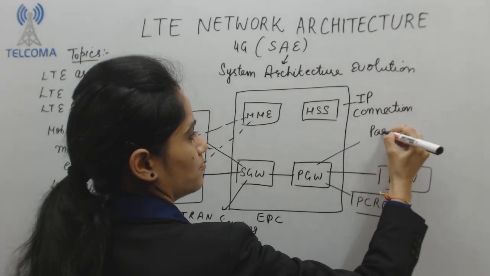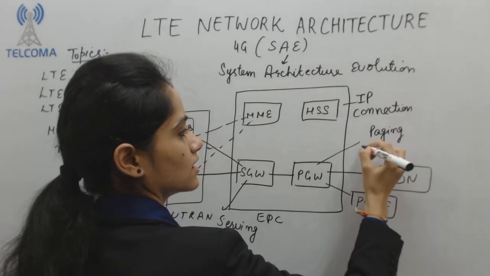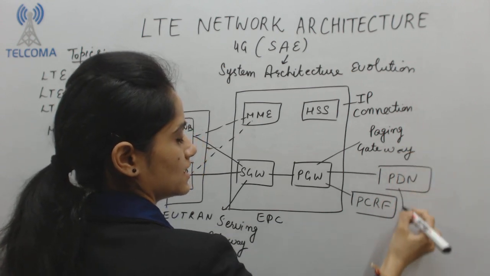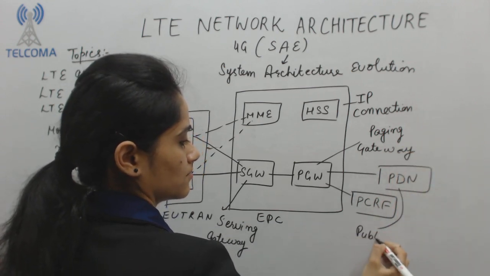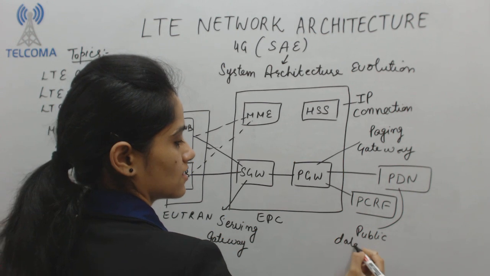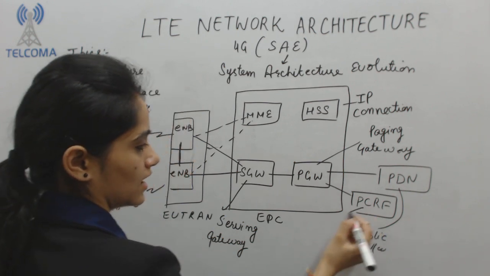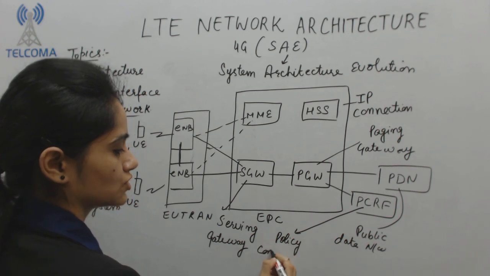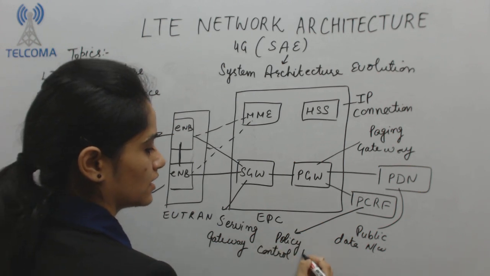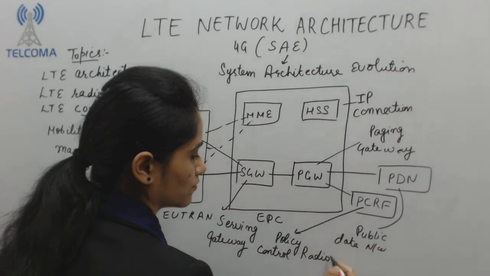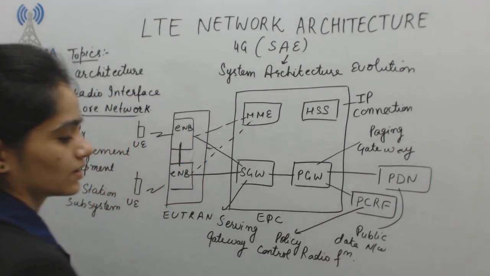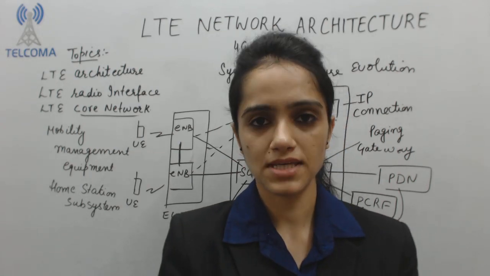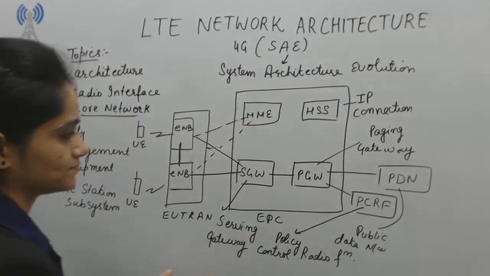PGW is paging gateway. PDN is public data network, and PCRF is policy control radio function. So these are the number of entities attached in the EPC or Evolved Packet Core.